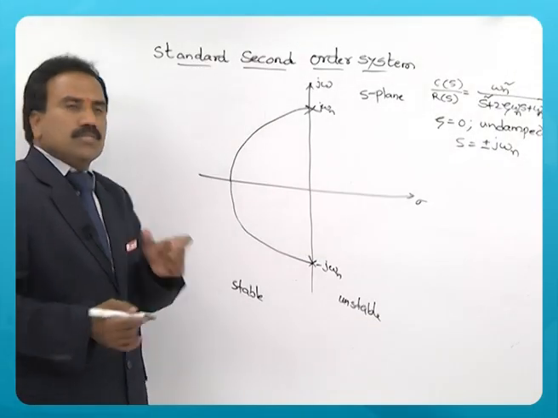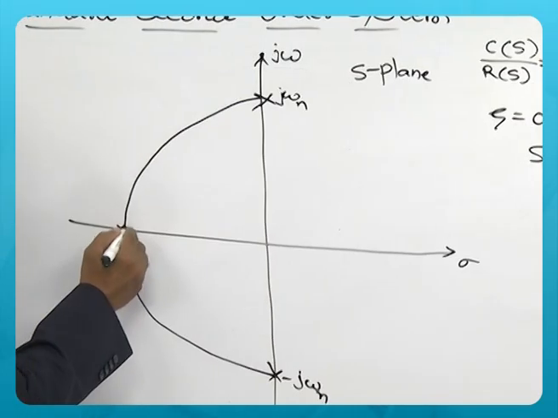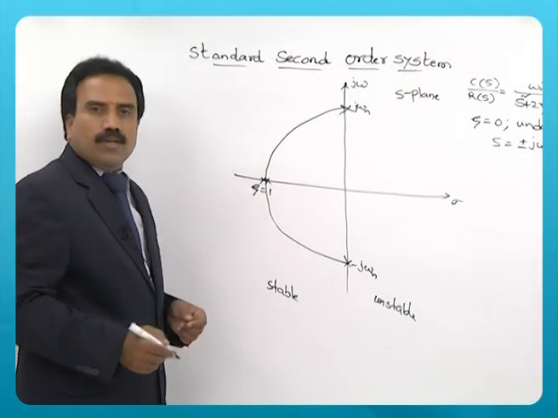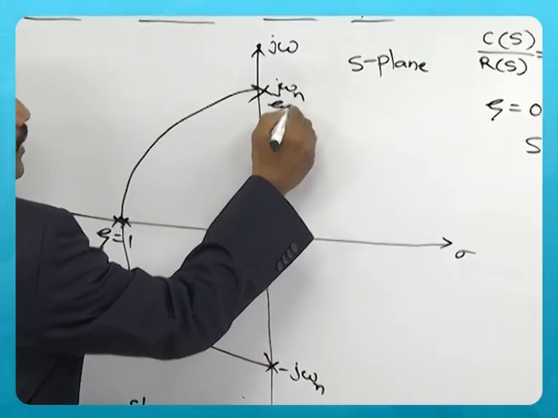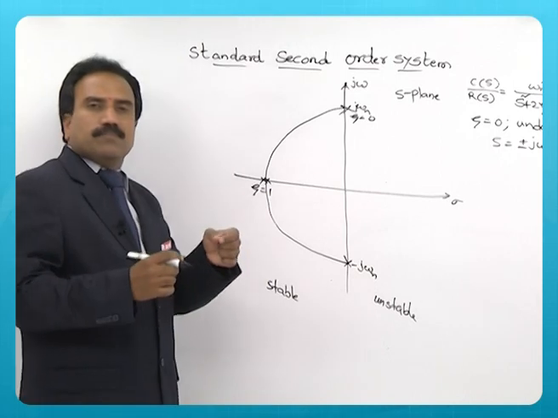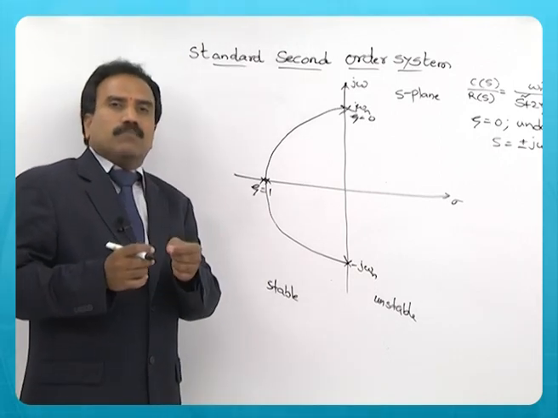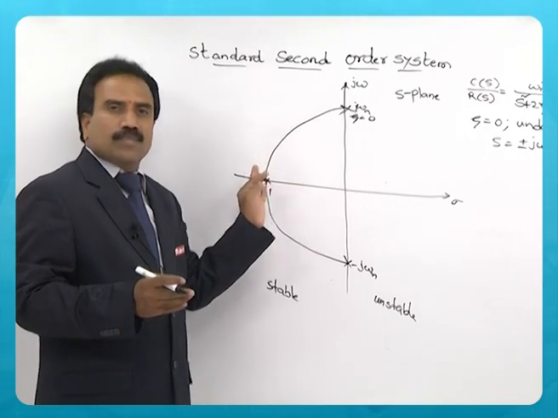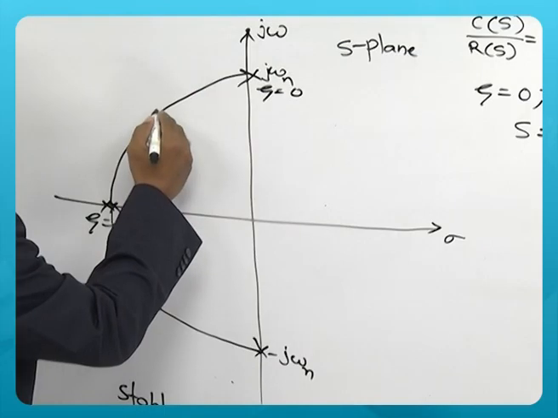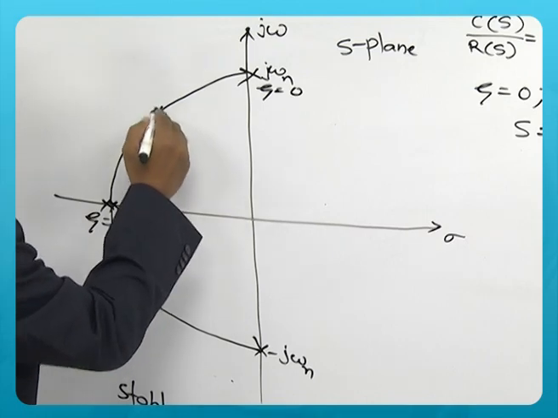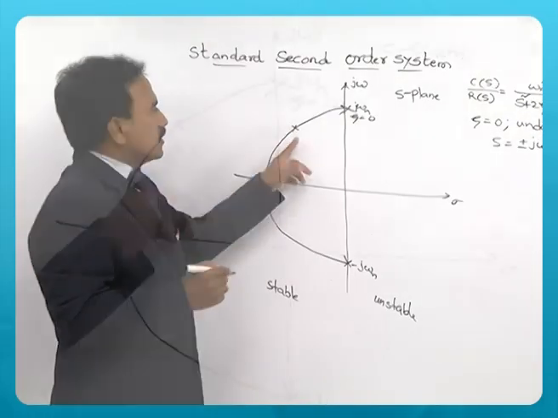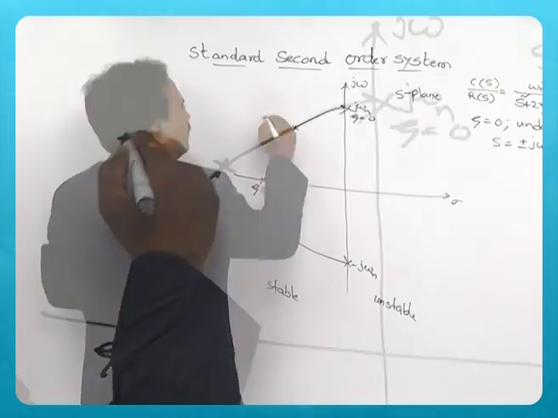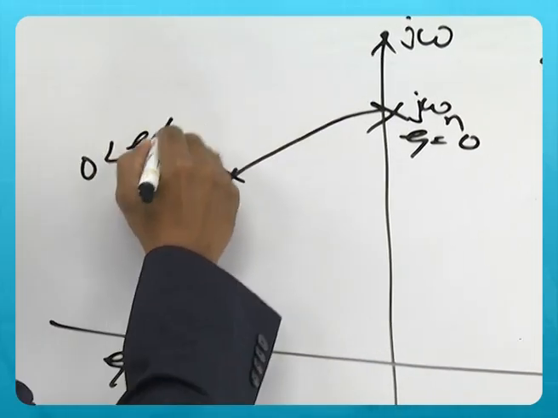Both the poles reach the real axis when zeta equal to 1. Remember, zeta is 0 here, an undamped system, not a good system, but when you introduce zeta the poles start moving towards the left. Suppose you consider one particular point here, the value of zeta is greater than 0 but less than 1. So zeta here lies between 0 and 1.